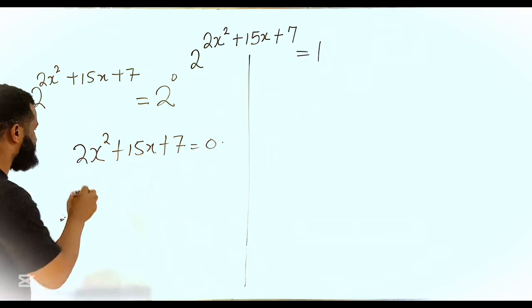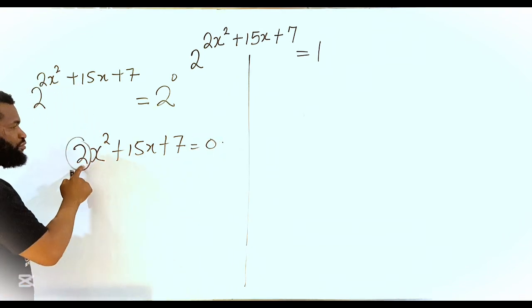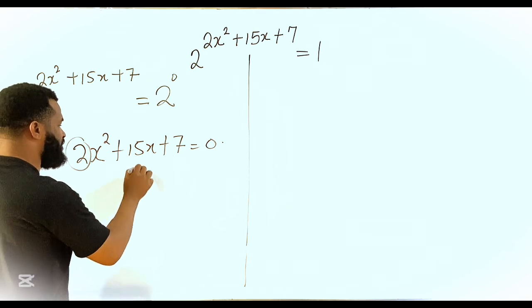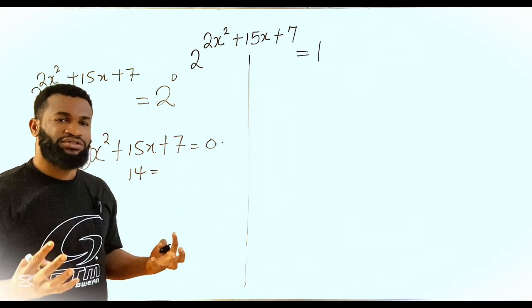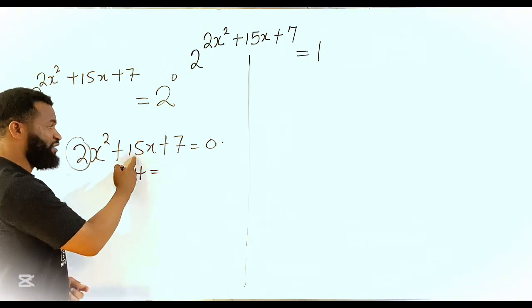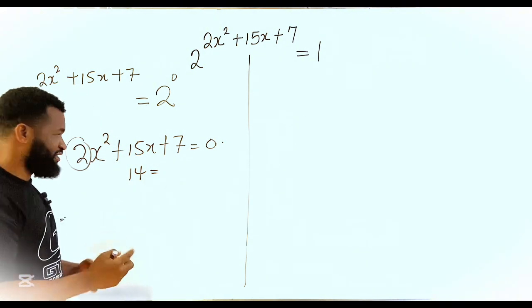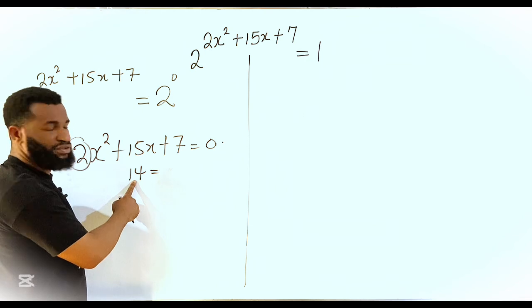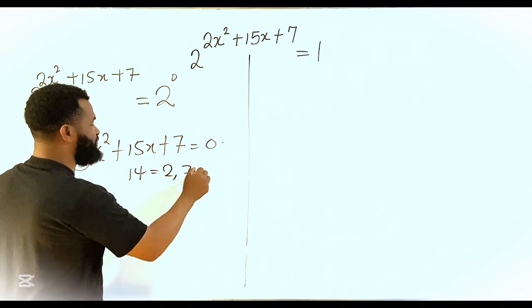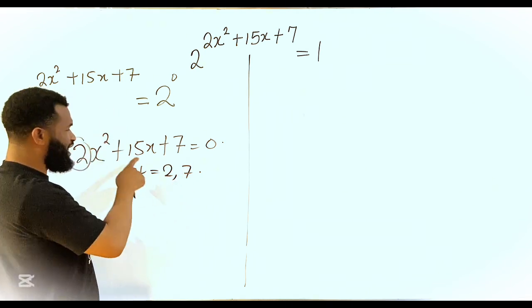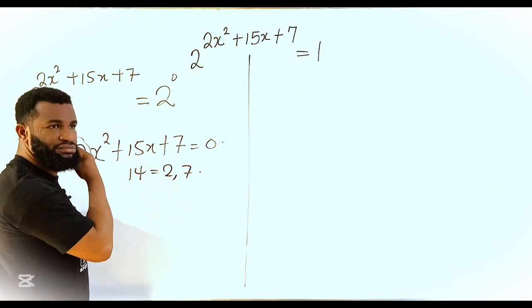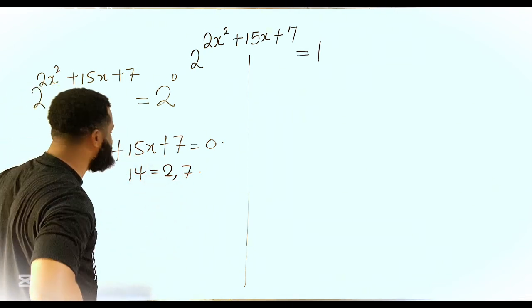Because of these two, I'm going to multiply 2 by 7 and I'm going to have 14. My question now should be, what are those factors of 14 that can give me 15 when I add them? For example, factors of 14 are going to be 2 and 7. But if I say 2 plus 7, will I have 15? The answer is no. So I'm going to change.